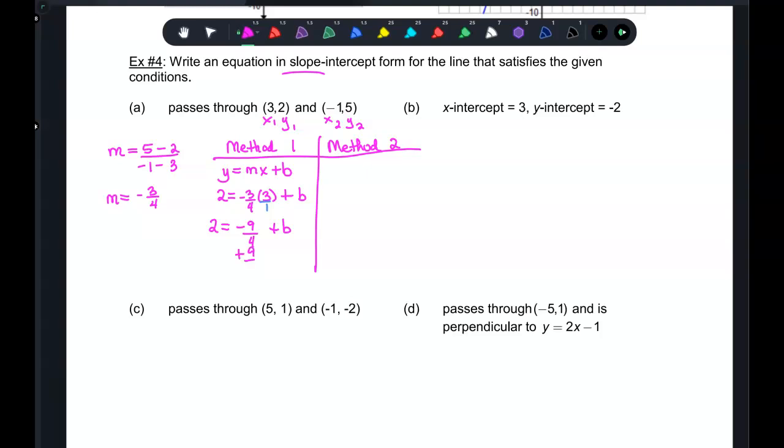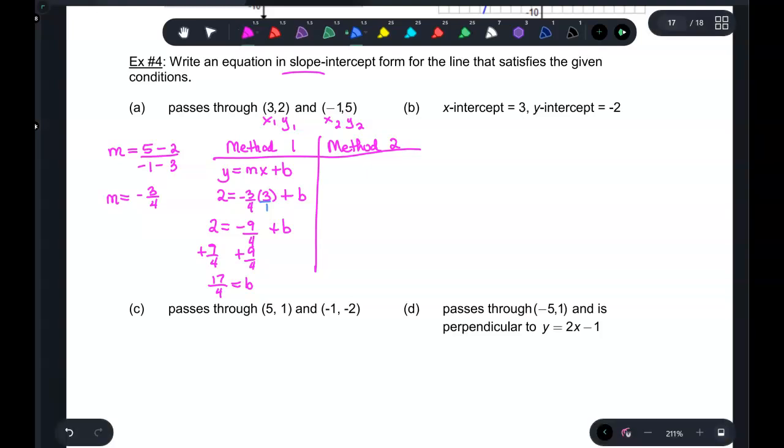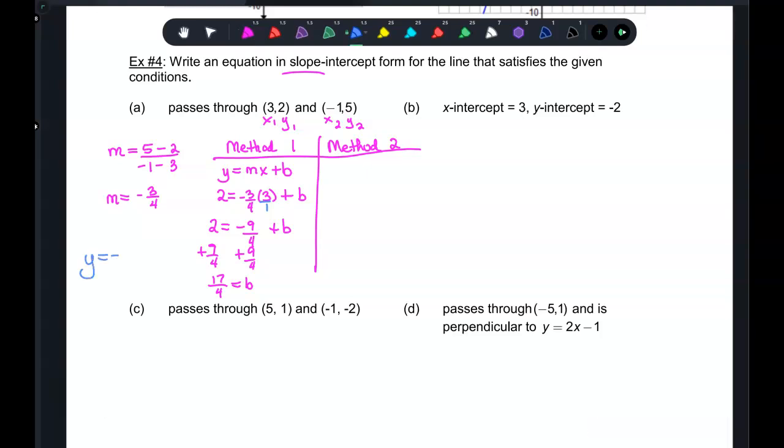I have to add 9/4 to both sides. 2 can be rewritten as 8/4, so 8/4 plus 9/4 is 17/4. Then I finish by writing y equals negative 3/4 x plus 17/4. Does that look familiar? Yes.